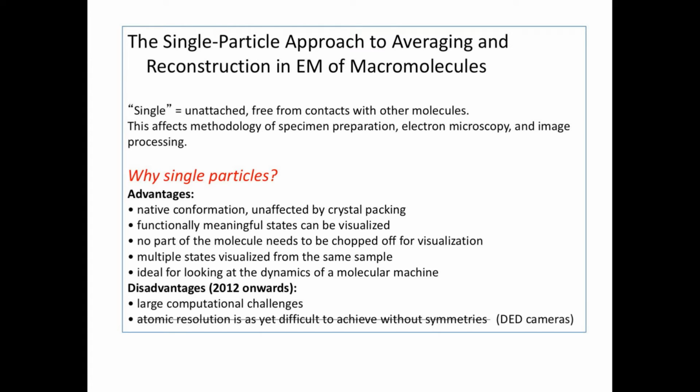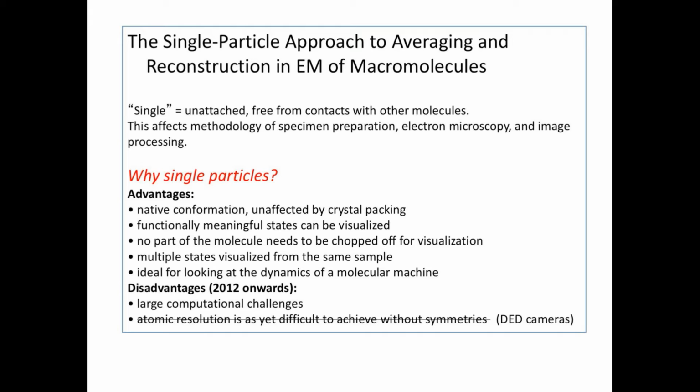And then from then onwards, we still have large computational challenges, but we now have the direct electron detection cameras, which have a much better performance in terms of signal-to-noise ratio and MTF.